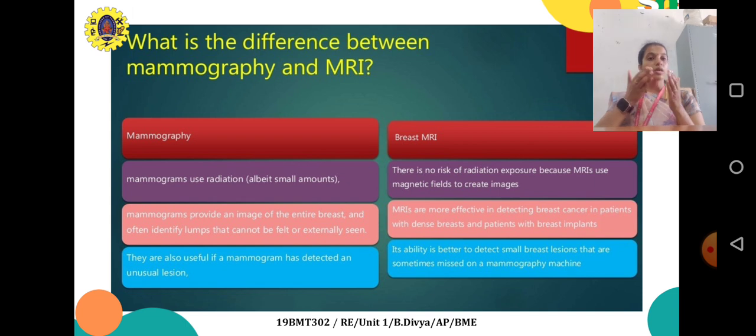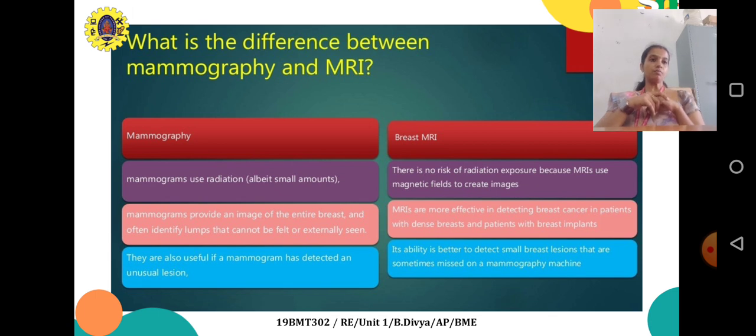A mammogram can identify small abnormalities when the breast seems to be unusual, whereas MRI is better at detecting small breast lesions that are sometimes missed on the mammogram machine also.